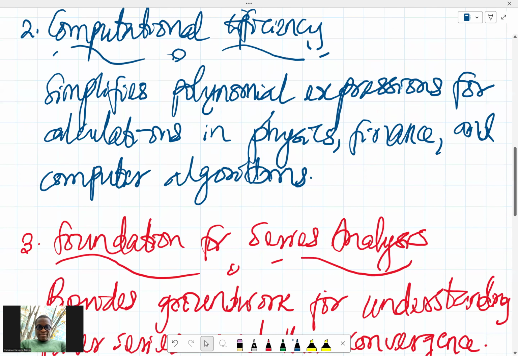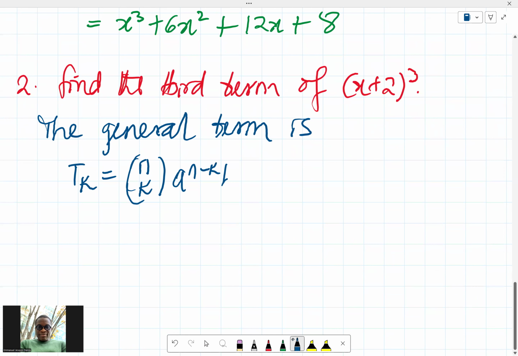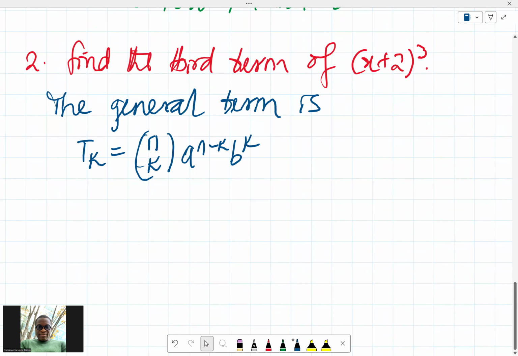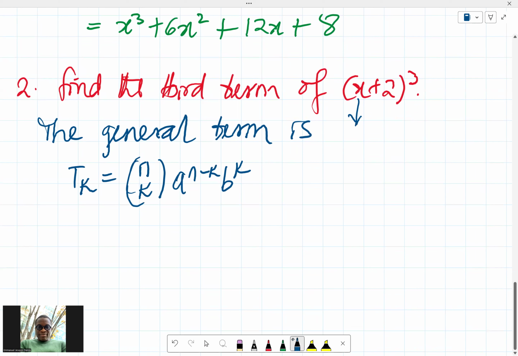So if you apply it to this now, that means our a is x and our b is 2 and our n is 3, basically. So this is our n.